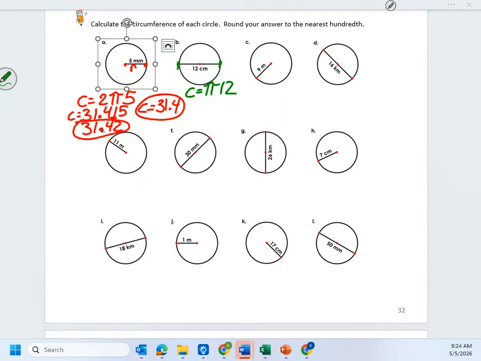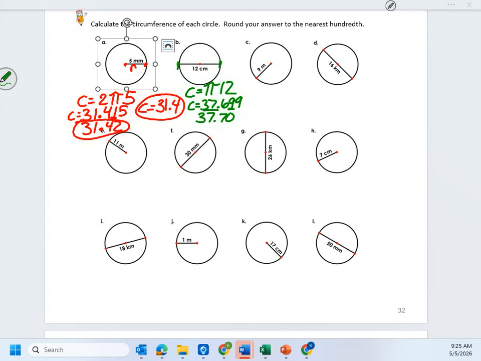Using the pi button, what do you get for the circumference, Jack? 37.699. Yes. Okay, what does that round to if we're rounding to our 100th place, Jack? 37.7.